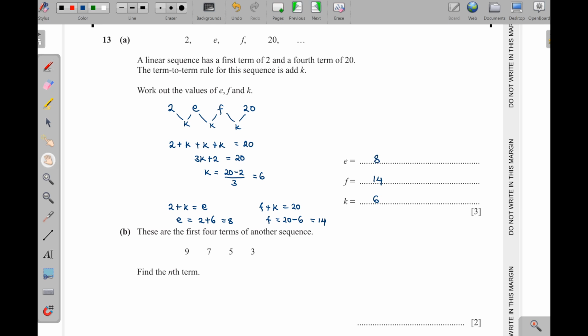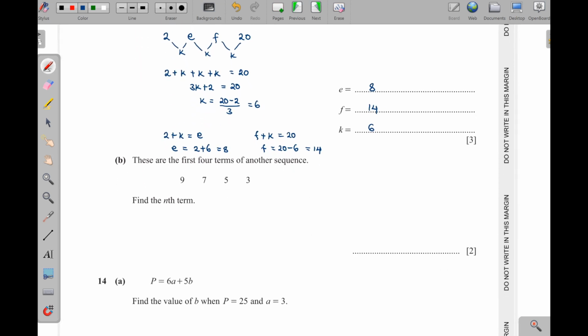Okay, then part B, these are the first 4 terms of another sequence. We can see here that they are subtracting 2. This one is decreasing by 2 every now and then. Even this one is a linear sequence. So the nth term is given by A plus (n minus 1)d.